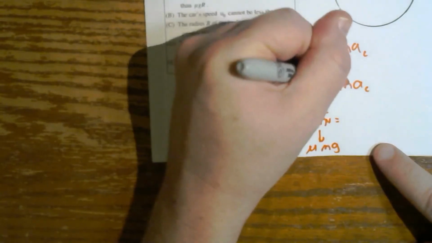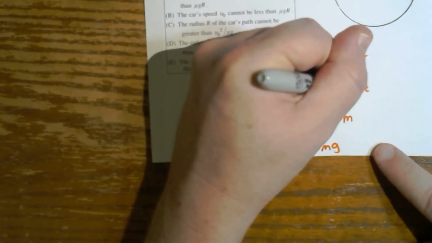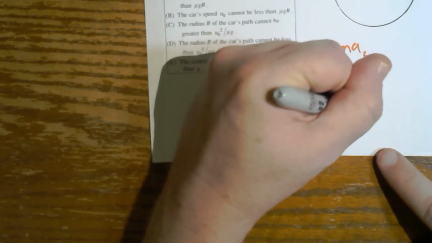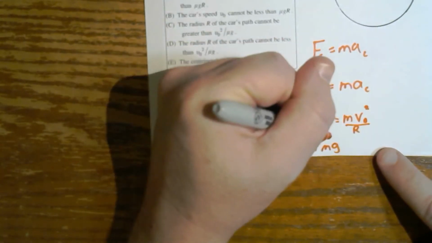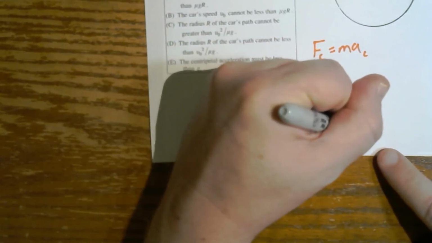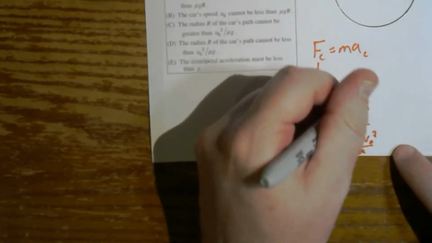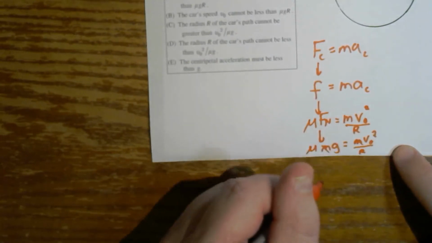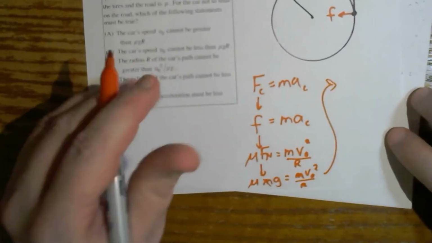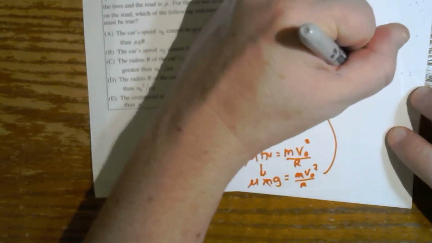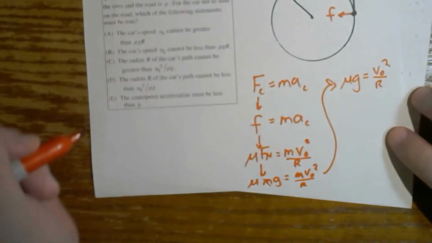The centripetal acceleration is v naught squared over r. When I bring all this down, the mass term cancels, and we're left with mu times g must equal v naught squared over r.